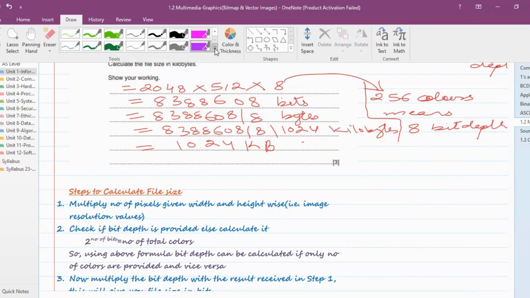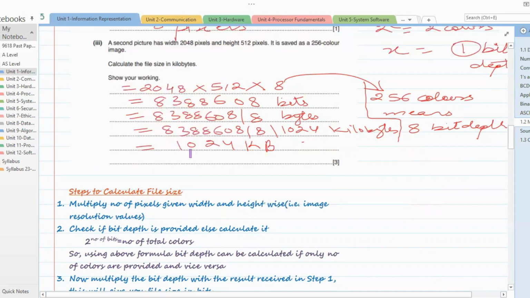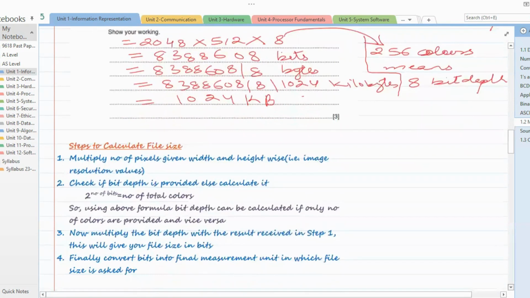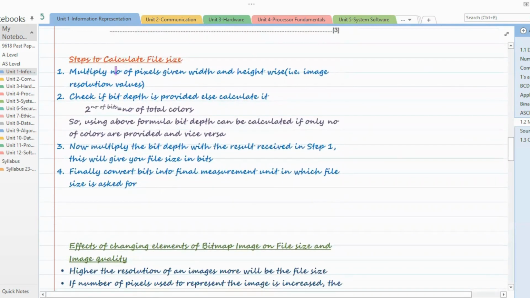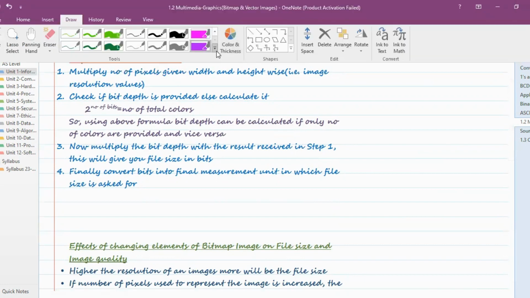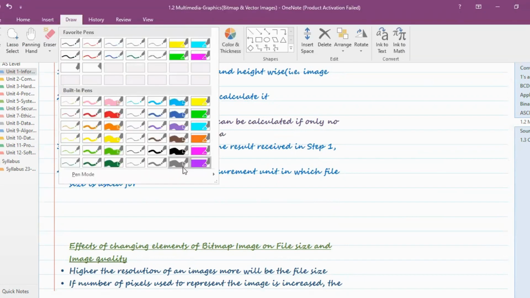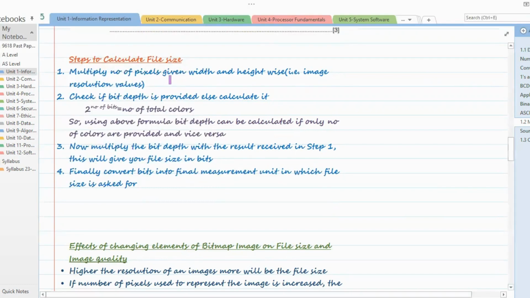I have written all these steps here, on how to calculate the file size of any file. First of all, multiply the number of pixels, width and height wise. So you multiply the resolution. If an image size is given like 512 into 512, then you have to multiply that.